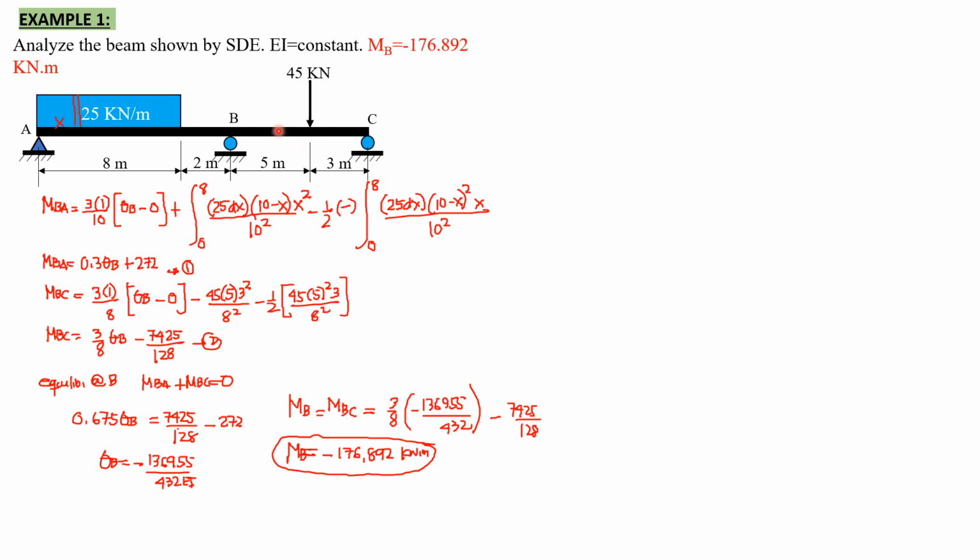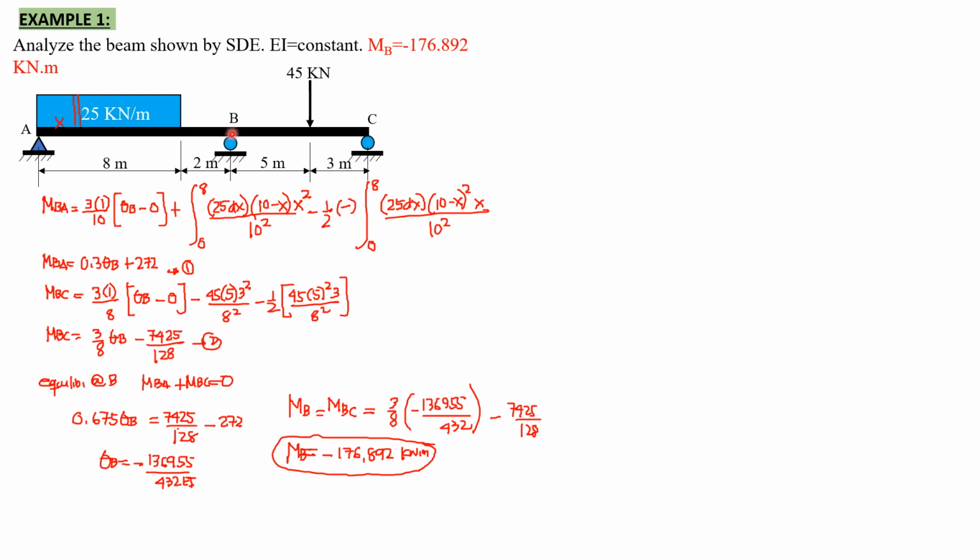So P is 45, a should be 5, the distance from the near end B is 3, so 3 square over 8 square. Then minus 1/2 fixed moment at C, which is positive, and all you have to do is copy this and interchange the squared factor. So 45, 5 square times 3, divided by L square, 8 square. Simplifying, it is 3/8 theta B minus 7,425 over 128.